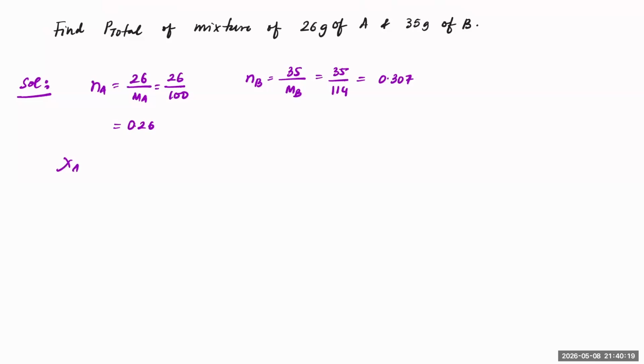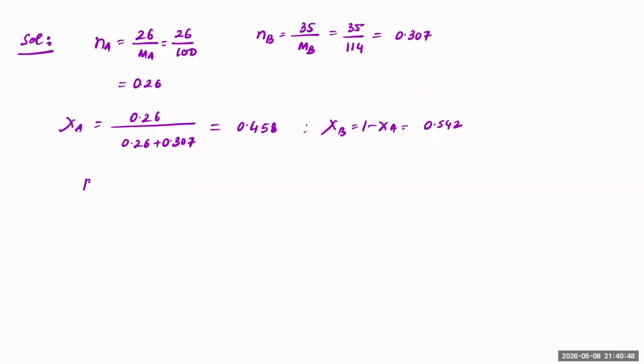Then you calculate the mole fraction of A, which is 0.26 upon 0.26 plus 0.307. If I put that value, it comes out to be 0.458. Then XB will be simply 1 minus XA, which is equal to 0.542.